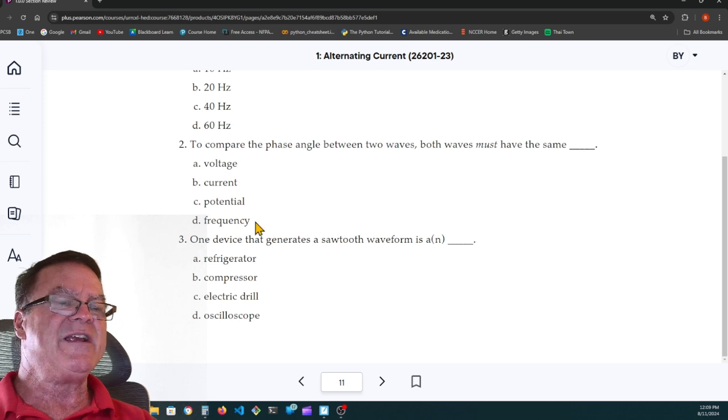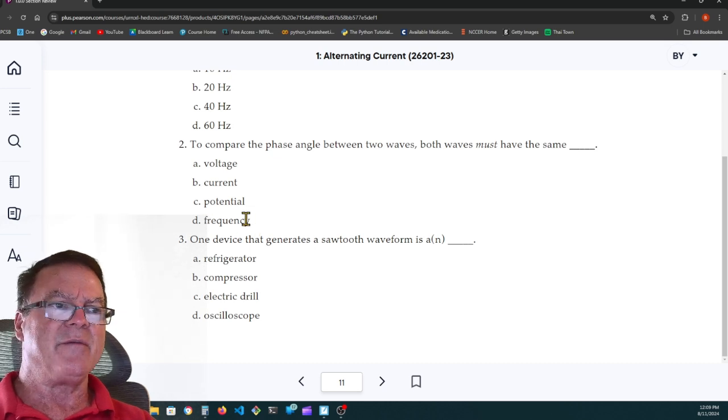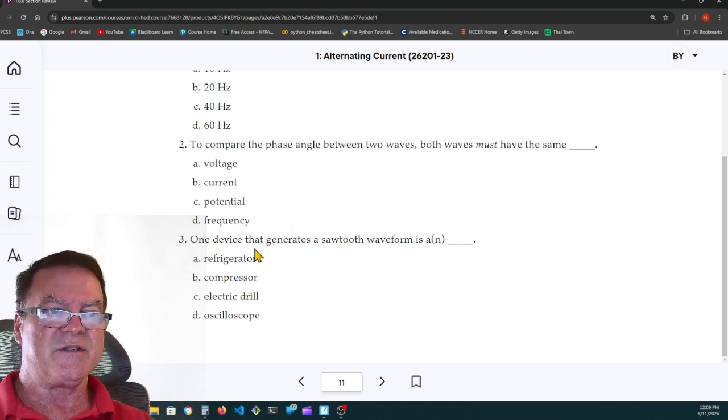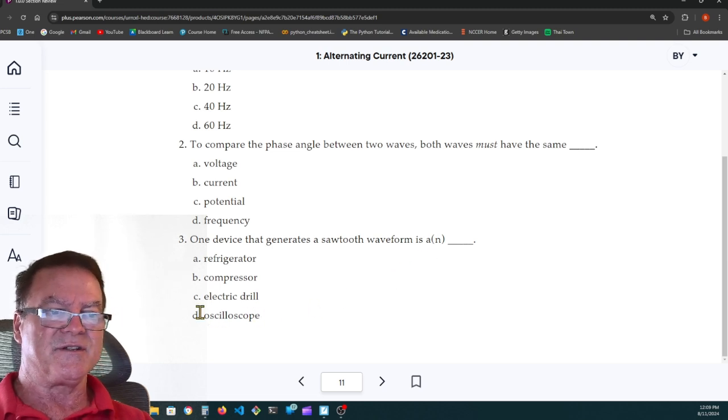The same frequency. They have to happen at the same cycles per second in order to be able to compare them. If you have one wave that's 30 hertz and one that's 45 hertz, you can't say, are they in phase or not in phase? They'll never be in phase. There are two different frequencies. One device that generates a sawtooth waveform is an oscilloscope.